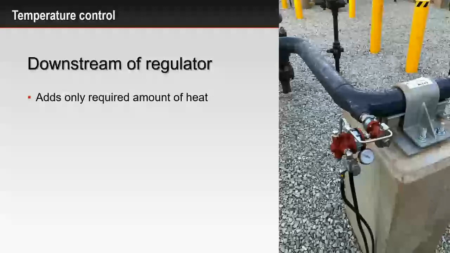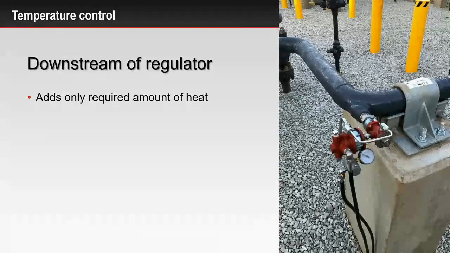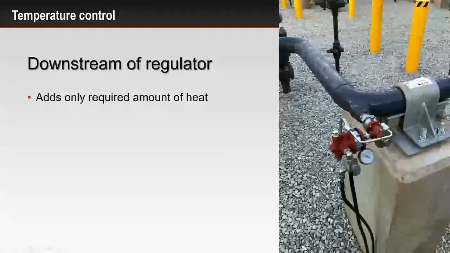As your pressure increases, you're going to have to overcome a wider gauge spread, so you'll have to put in more energy, more heat. And as your pressure decreases, you won't need as much heat. By sensing it downstream, you're going to take that into account. So this makes it a lot more efficient in controlling your temperature.